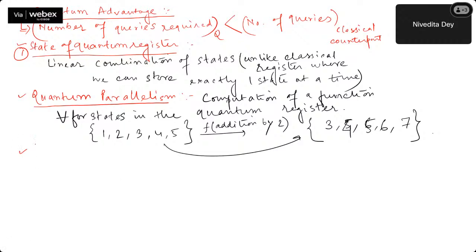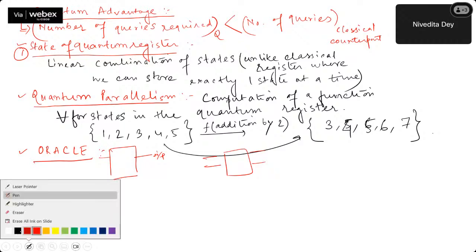Now the third point is an oracle. Maybe in the last class we were discussing oracle. So an oracle is nothing but a kind of black box. It has a certain input and a certain output, or it can have more inputs and more outputs as well. But it has a certain feature. Let me write.